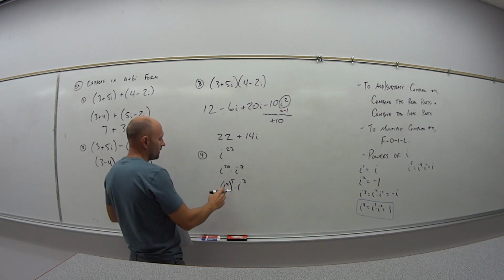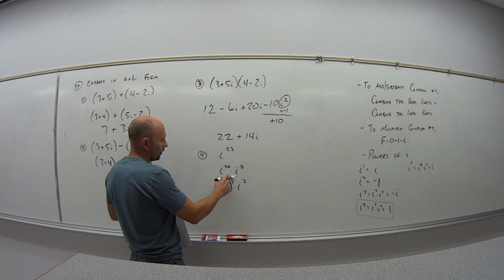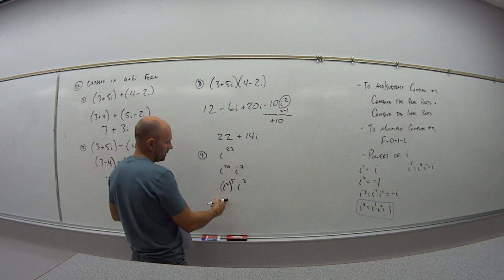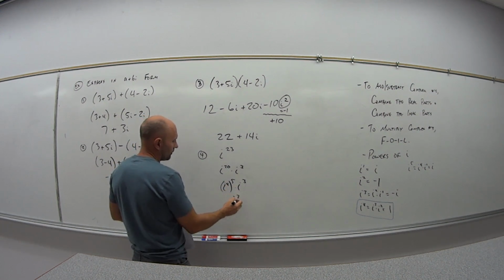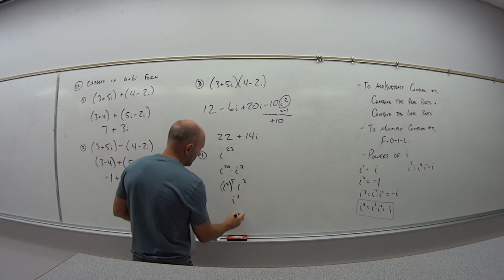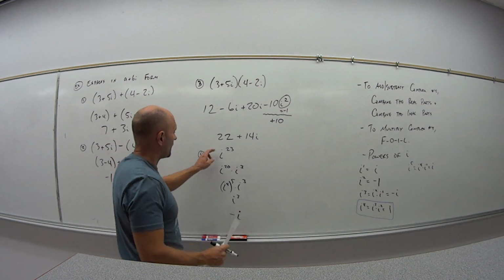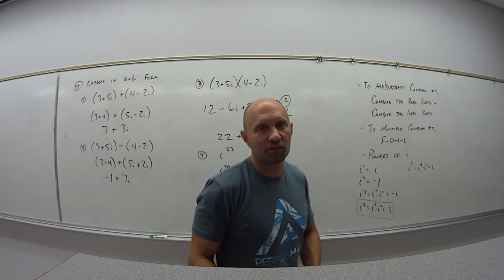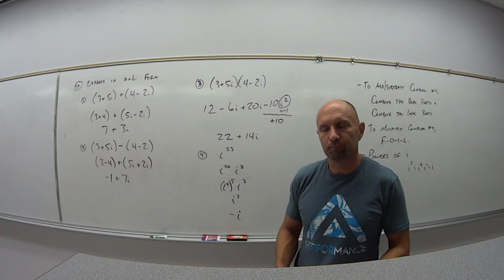So now, i to the 4th is 1, 1 to the 5th power is just 1. So this thing is like i to the 3rd, which we know to be what? Simplified is simply just negative i. So i to the 23rd is really saying the same thing as negative i.